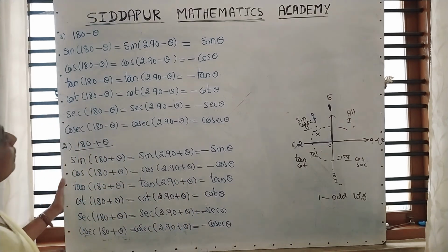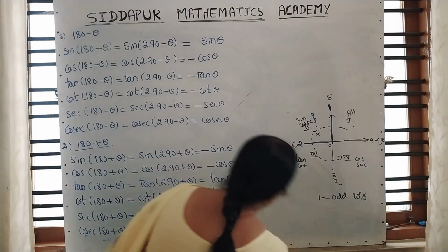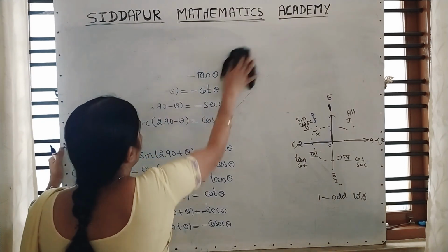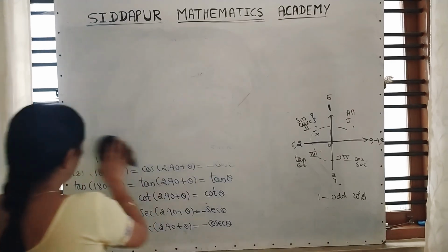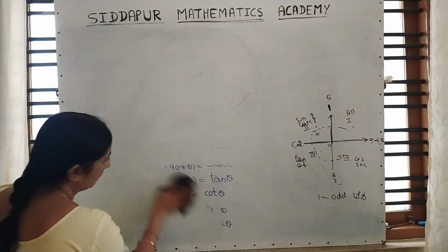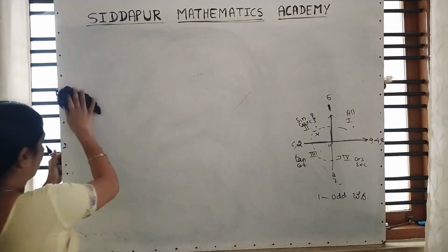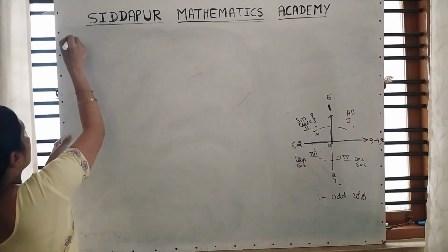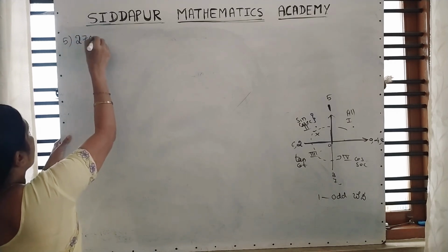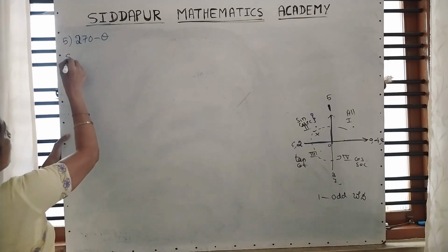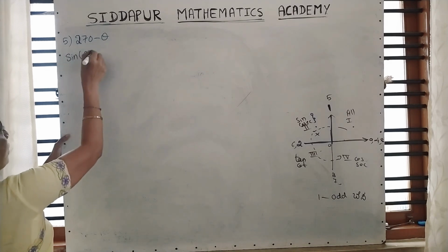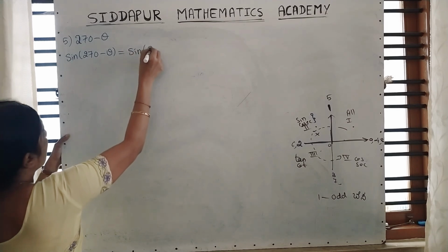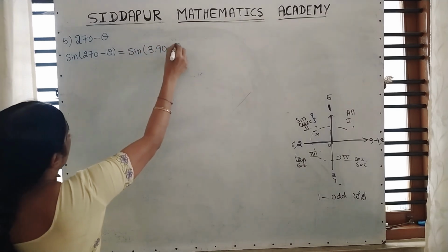Moving to the fifth one, 270 minus theta. First see where it comes, and that gives you the hint. Sin 270 minus theta, in terms of 90s, is 3 into 90 minus theta.